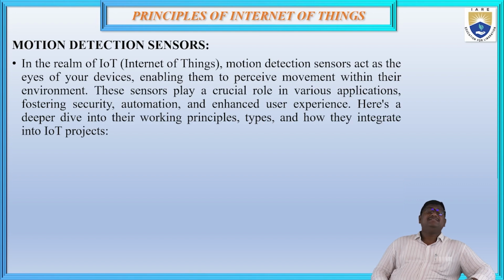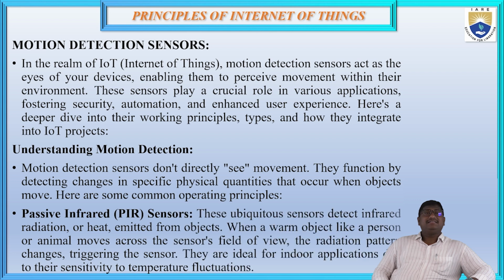What are motion detection sensors? Motion detection sensors are devices that enable detecting precise movement within their environment. How to understand this? We can't see it directly, but this sensor is going to sense the changes in specific physical quantities which occur when objects move from one place to another.